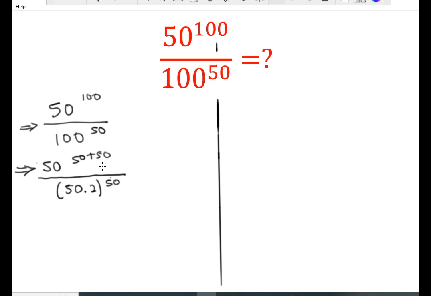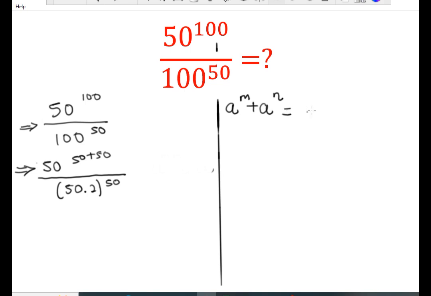In the next step, we're going to introduce this law that states that a to the power m plus n is the same as a to the power m multiplied by a to the power n.